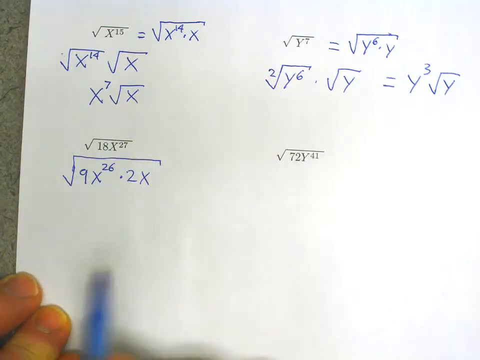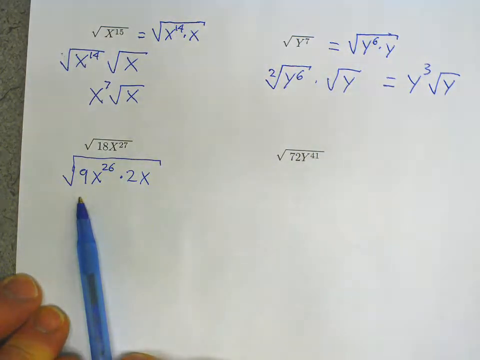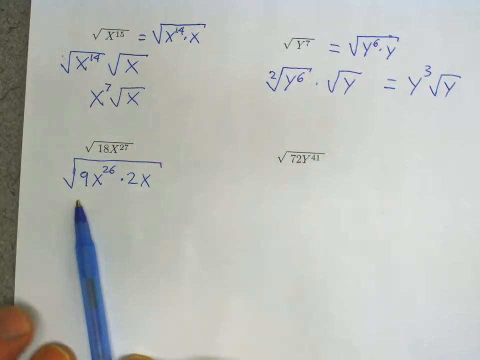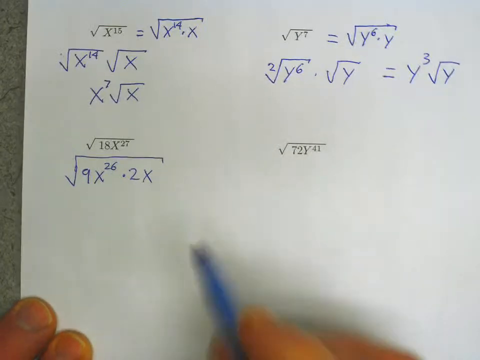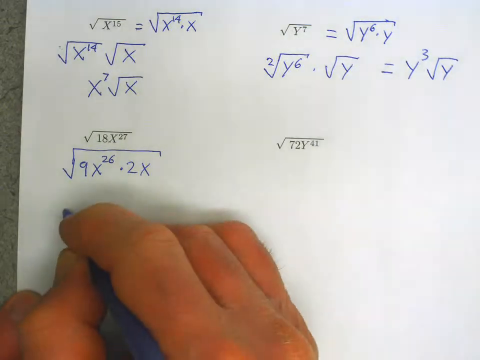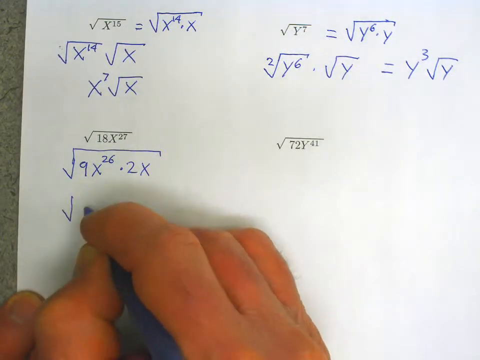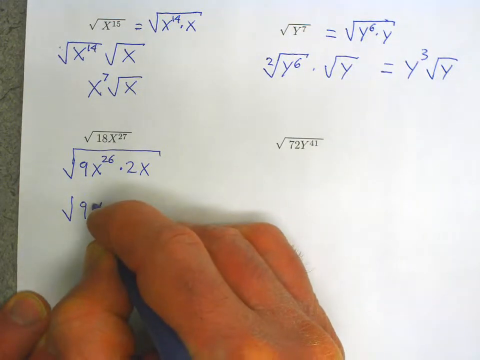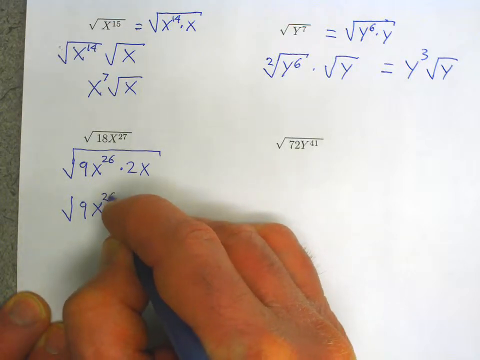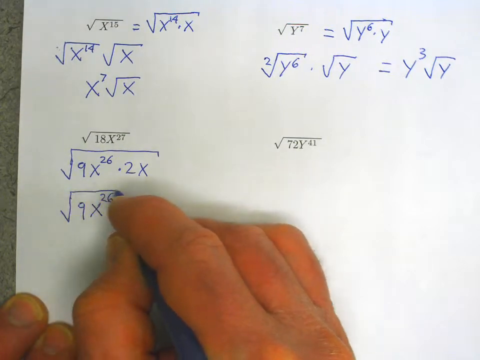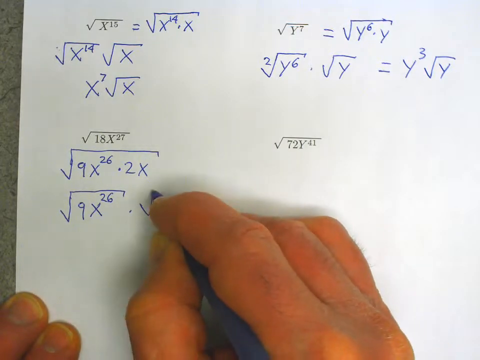So I'm just putting the perfect square factors farther to the left, and the remaining factors farther to the right. And then we'll rewrite this as the square root of the perfect square factors, the square root of 9 times x to the 26th, multiplied by the square root of 2x.